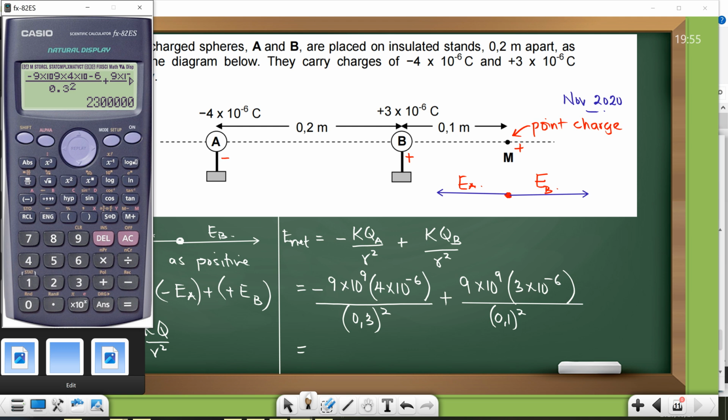And we normally write it scientifically. Shift, mode. Once you press shift mode, I want scientific notation. It's 7. And I want 3 numbers because we always round off to 2 decimal places. So I'll press a 3. 2.3 times 10 to the power 6.